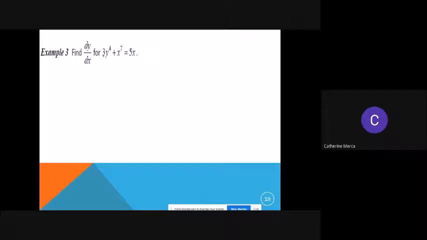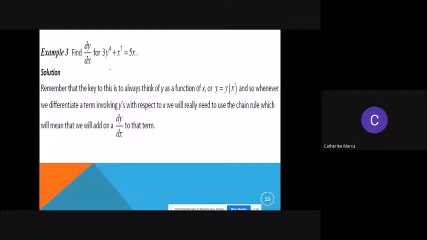So you cannot express it as a function of x or as a function of y. You make use of the following. So you have to think of y as a function of x, or y is equal to y of x. So whenever you differentiate a term involving y with respect to x, you will need the chain rule. That's one.